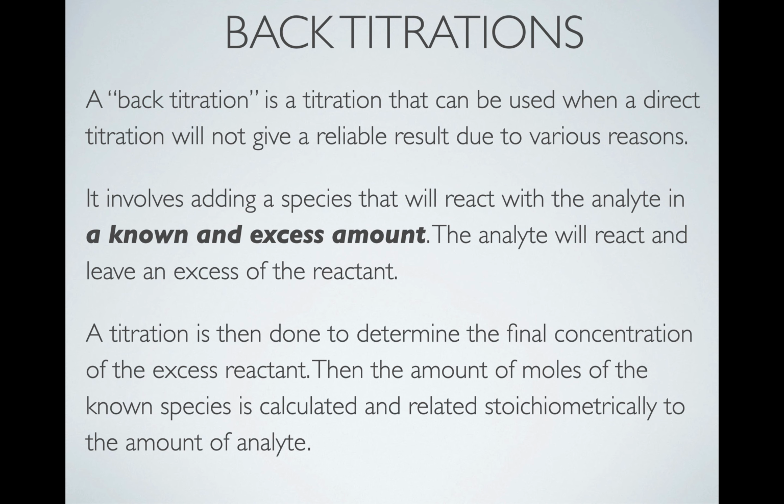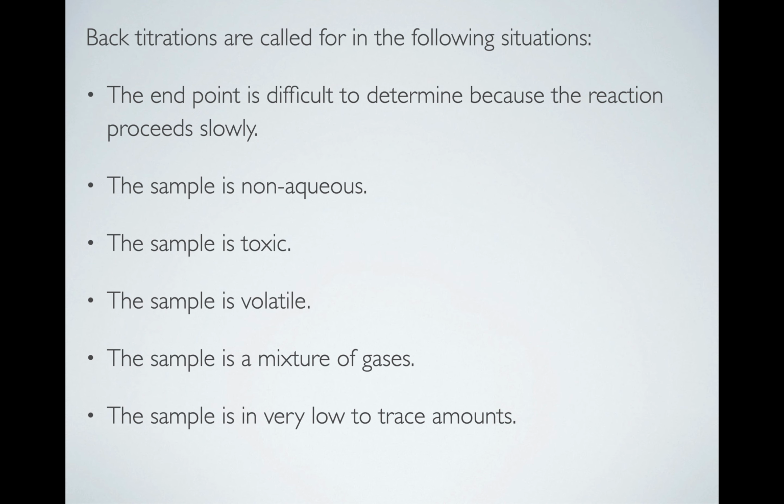So that thing that you added in excess will react with what you're trying to find out, and there'll be some leftover stuff that didn't. And what we then do is a titration of what's left over, okay? So if we know the total amount of stuff that we put in, and we do the reaction, and we know how much was left over, we can use just simple maths to find out how much would have reacted. And that's the basis of a back titration.